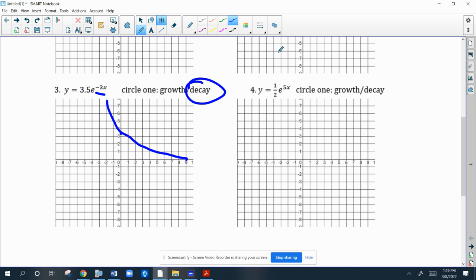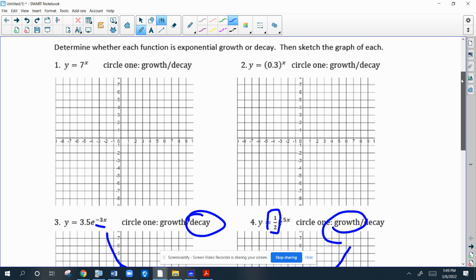I'll circle that. This one's exponential growth because the exponent is 5x, positive 5x. So it's going to grow, and the y-intercept would be 1/2. So it's going to go through the y-axis here, and I'm going to show it as a growth graph, which is going to look like this. So those are the graphs.